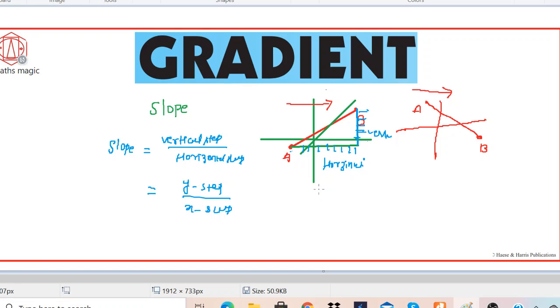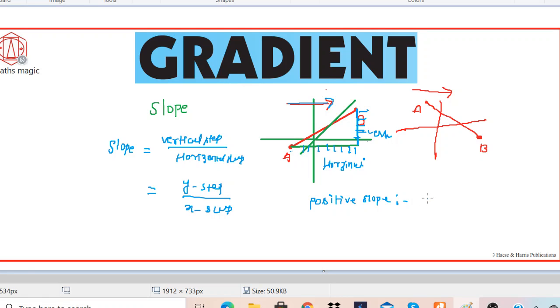Now over here you can classify slope into two different parts. One is called positive slope, the other is called negative slope. So what is positive slope? Positive slopes are basically those where, when you are moving on the Cartesian system from left to right, your line is going upward.